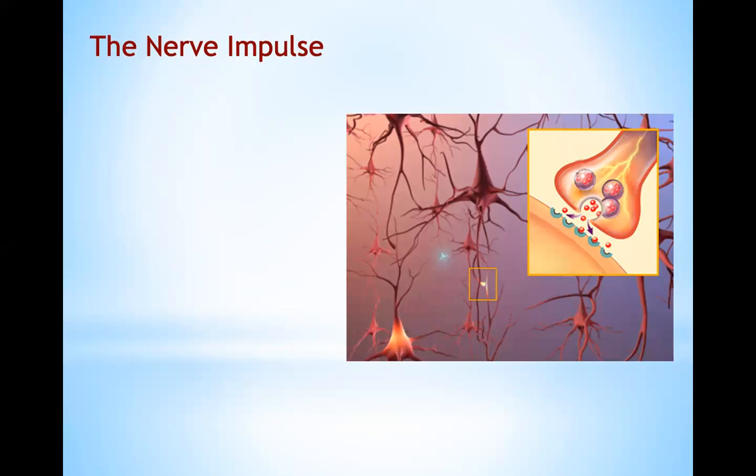Like, let's say the motor center decided that your arm should move. So the motor center has a nerve cell, and out of this nerve cell comes a nerve fiber.